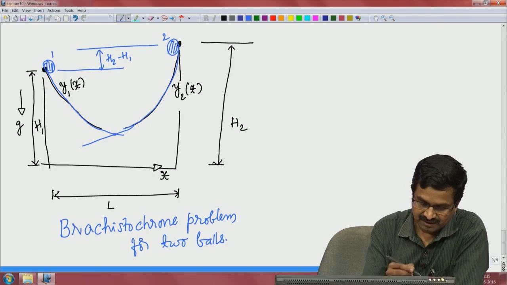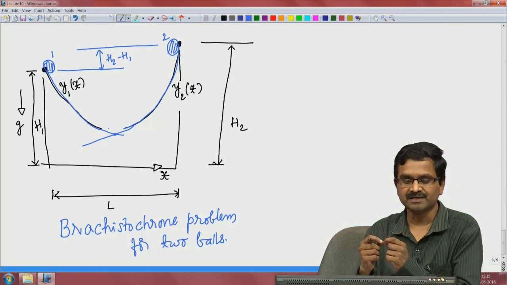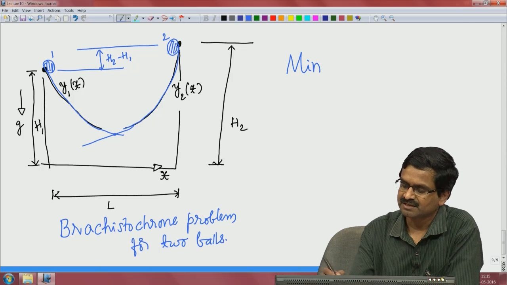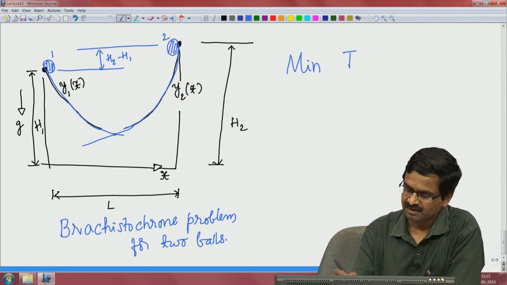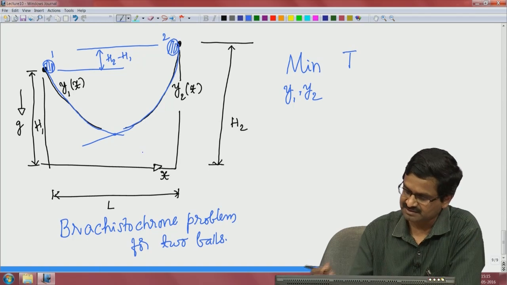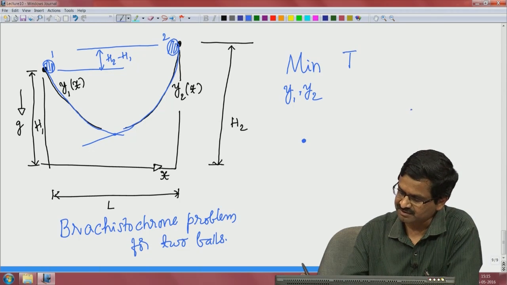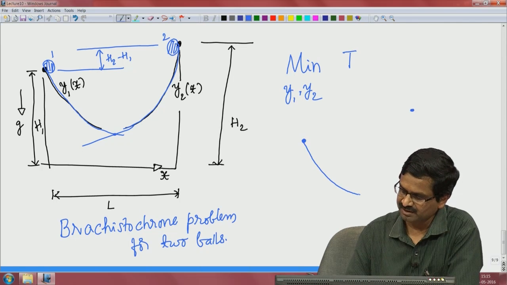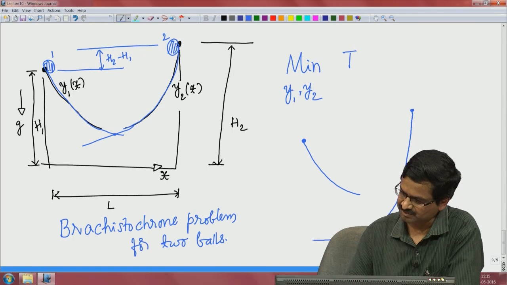Okay. But the time taken by the balls before they hit needs to be minimized. So, if I can say minimize the time taken, okay, with respect to two functions y1, y2. Okay. If y1 and y2 are different, let us say I take this point and this point, I take y1 let us say properly like a cycloid, let us say y2 I take a curve that goes something like this.